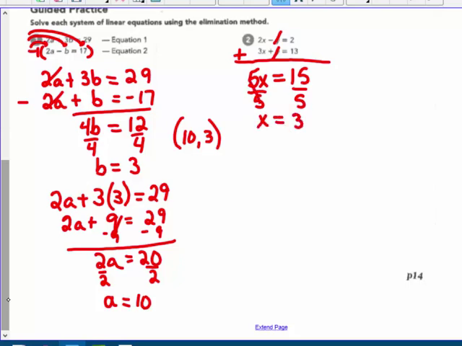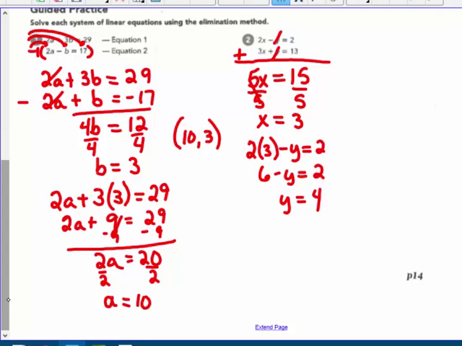Now I've got to substitute that back into one of the equations. I'll choose the first one. I could choose the second one, either one. 2 times 3 minus y equals 2. Well, that's 6. 6 take away 4 is going to give me 2. I know this answer, y equals 4.